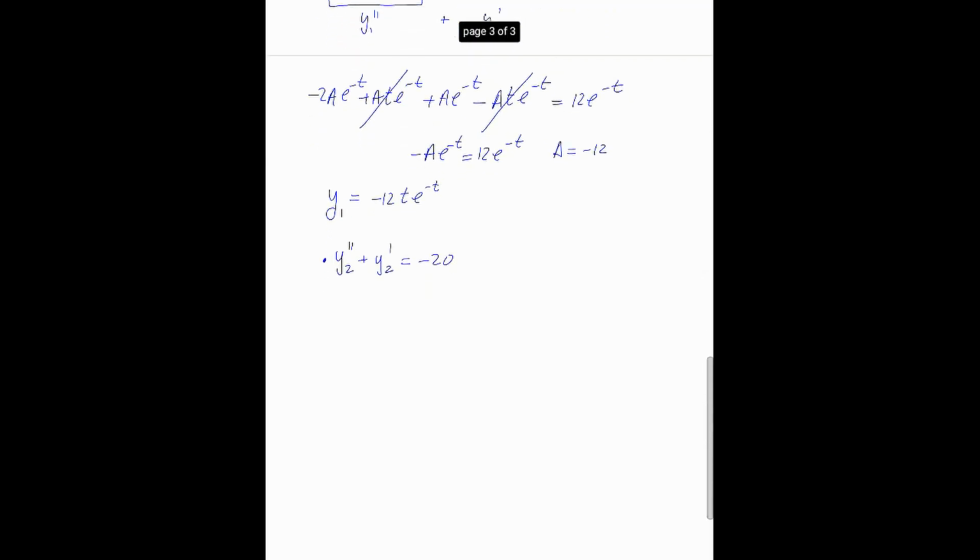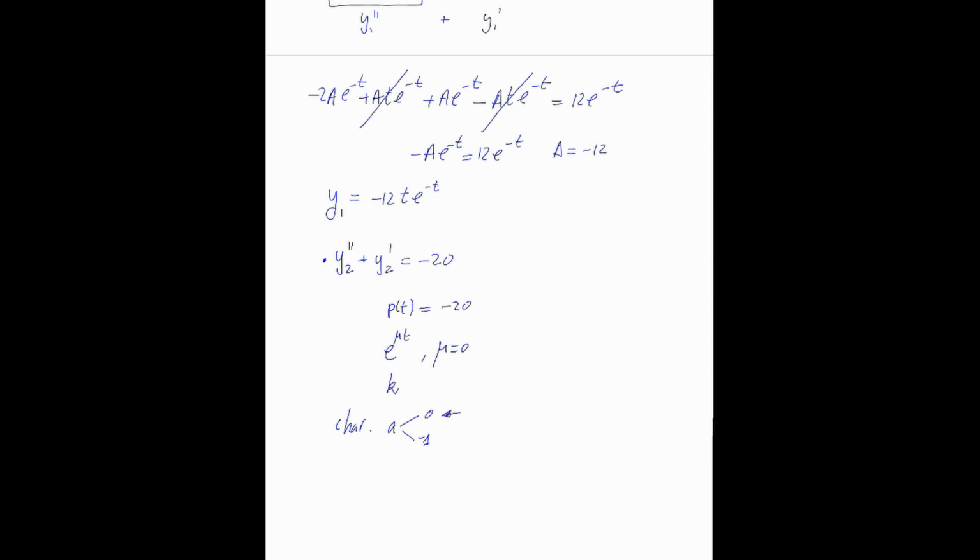We go for the second one. The second one will be y2 double prime plus y2 prime equals minus 20. Again, we write this as a polynomial in t, which is minus 20. We write e to the mu t. It doesn't appear, so mu is equal to 0. And k, remember, the characteristic equation has solutions a equals 0 and a equals minus 1.